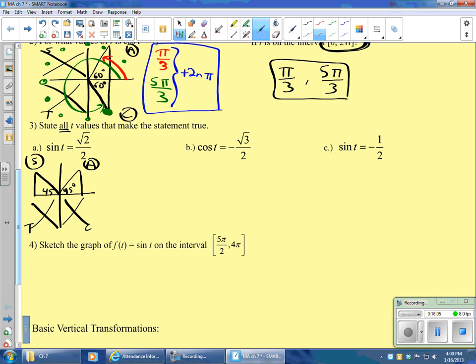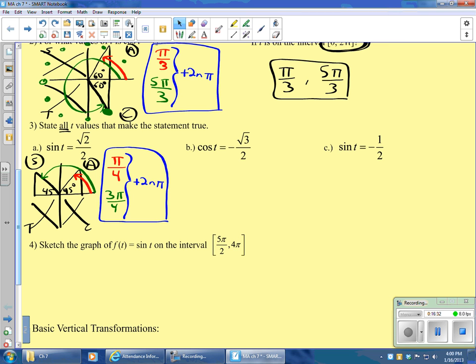Then I need to put them in radians. This would be 1 pi over 4. Every 45 is pi over 4. Then this angle would be 3 pi over 4. And again, since it wants all the answers, I say plus 2n pi, because I could keep spinning around the unit circle and keep getting to the same place.